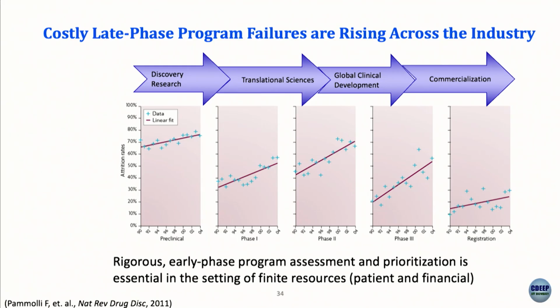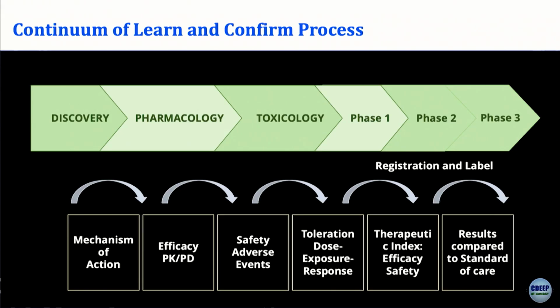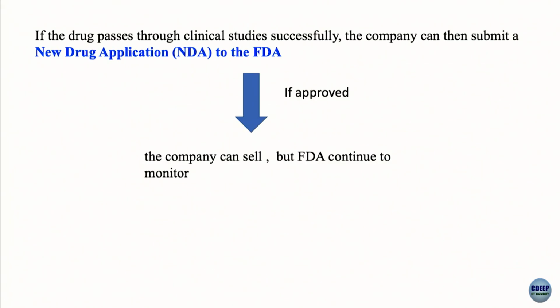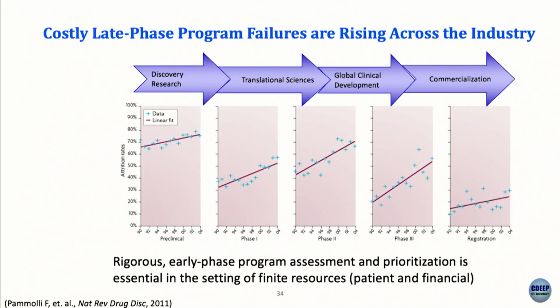But those were the demands of the time, and as I said, here it is a continuum of knowledge, a continuum of learn and confirm process. So our Covaxin was made on that basis, and even if some tests were not published in the public domain, they finally published in Lancet, but they had the data, and using that data CDSCO decided to approve it.